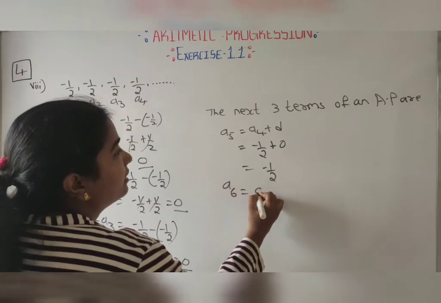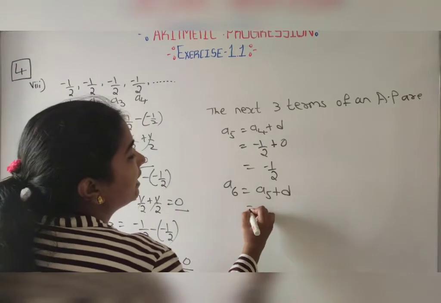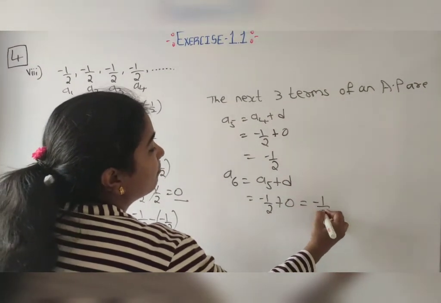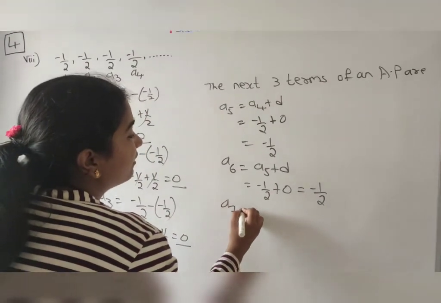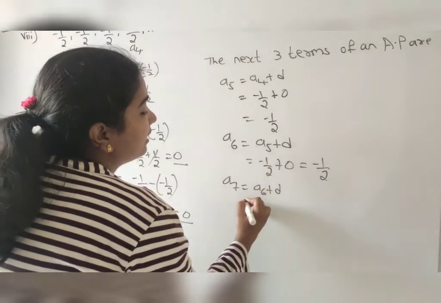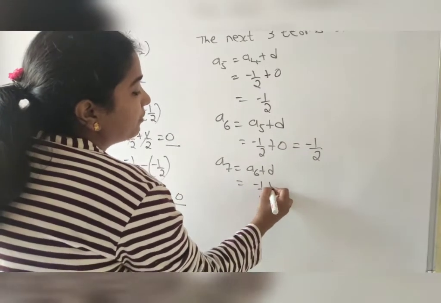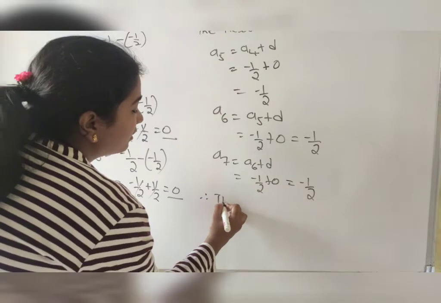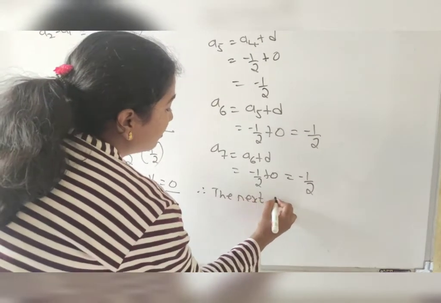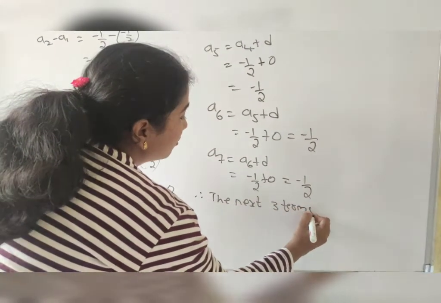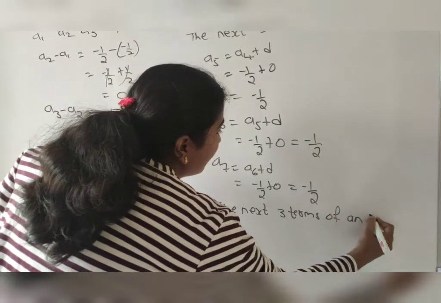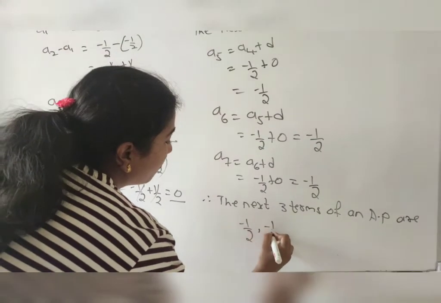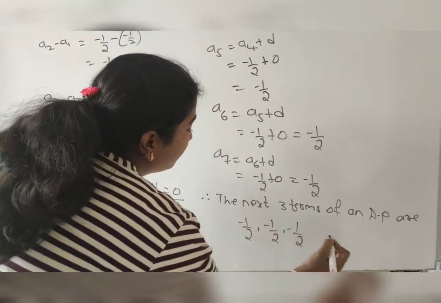Now A6 is equal to A5 plus D. A5 is again minus 1 by 2 plus 0. You are getting minus 1 by 2. Again A7 we will check. A6 plus D. A6 is minus 1 by 2 plus 0. You are getting minus 1 by 2. Therefore, the next three terms of an AP are minus 1 by 2, minus 1 by 2, minus 1 by 2.